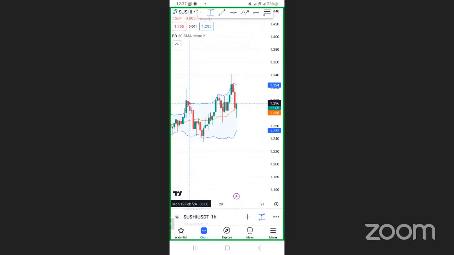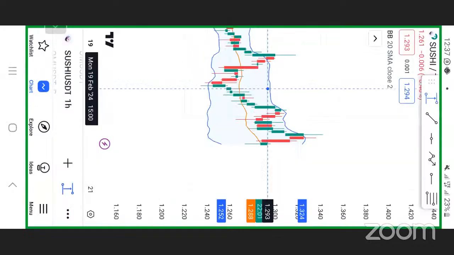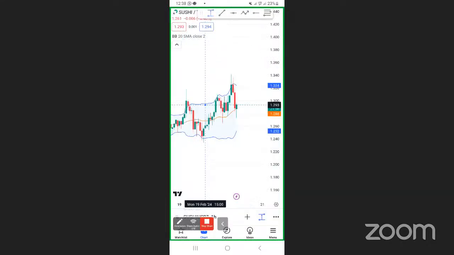So make entries at the lower band. Wait for the price to revisit the lower band. You see how it revisited the lower band, and then we got an engulfing.